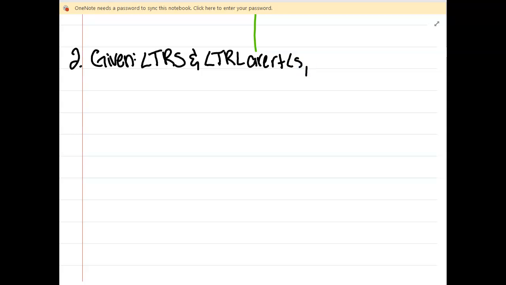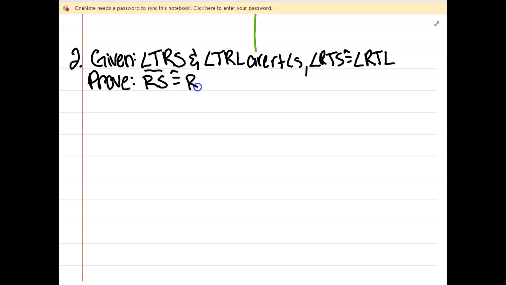And angle RTS is congruent to angle RTL. I am going to prove that side RS is congruent to side RL.